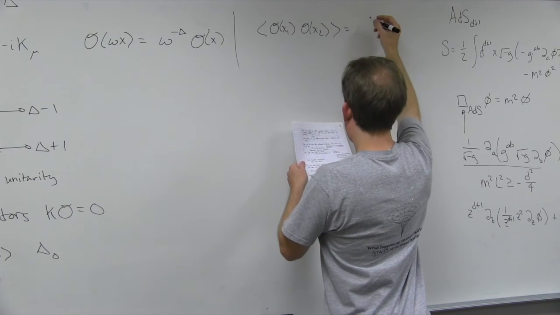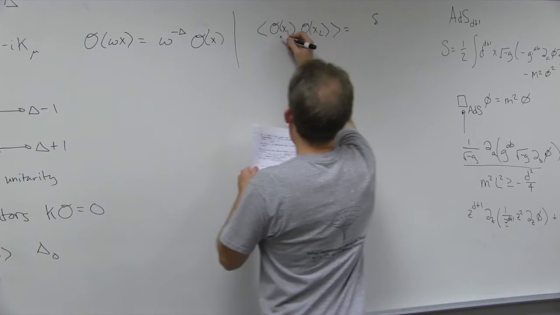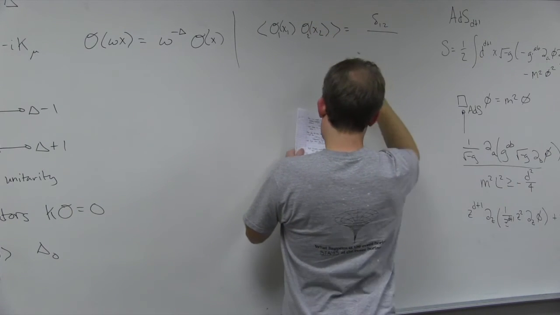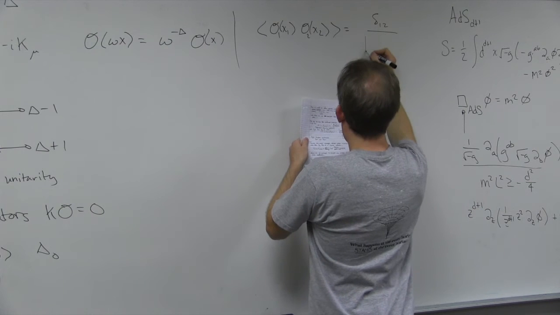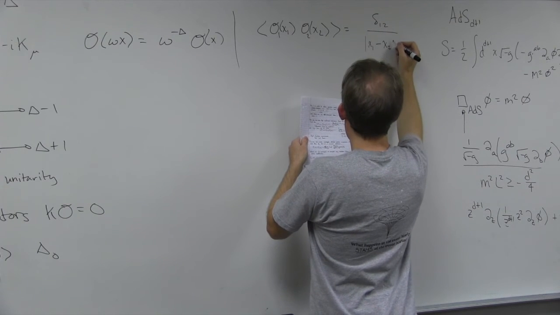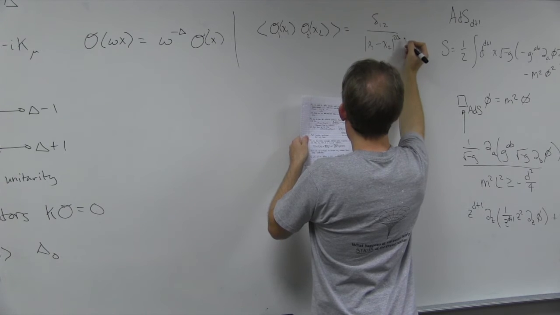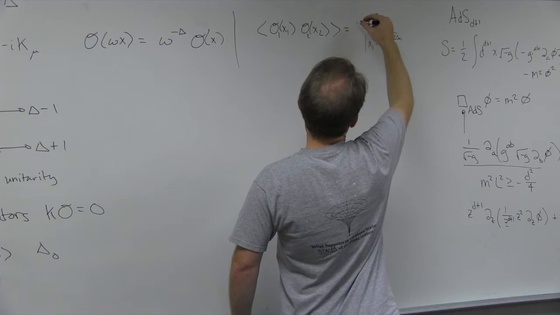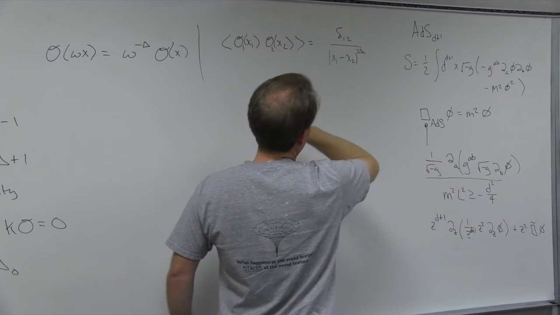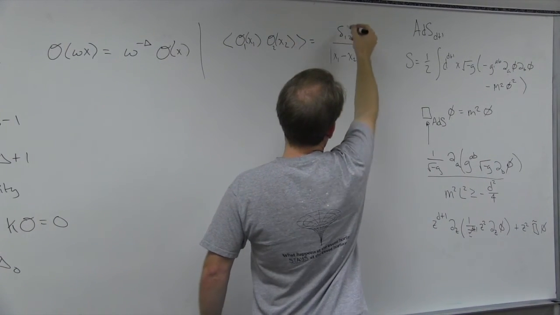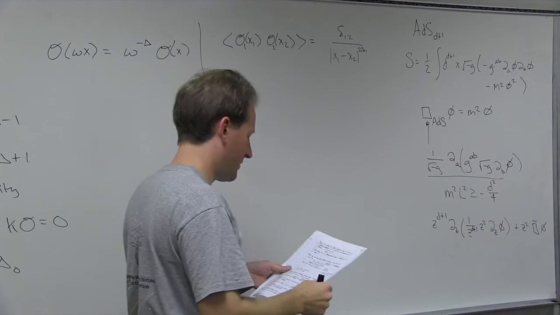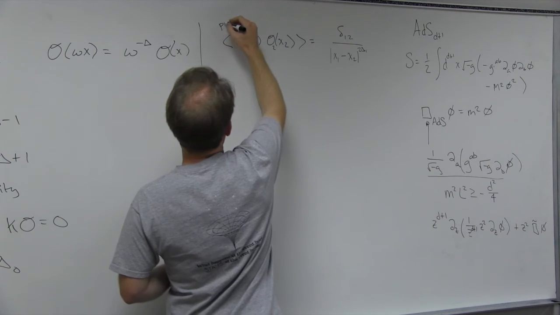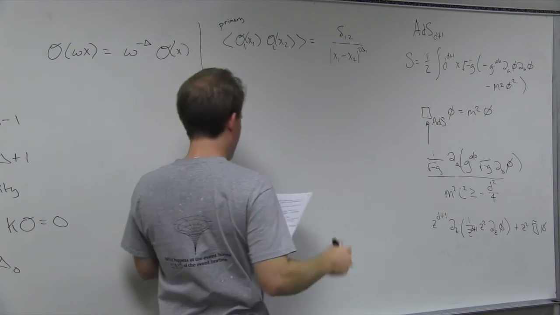In particular, it has to take a specific form, and I can choose a basis such that, in general, there's some normalization here. So I'll normalize my operators. It's conventional to normalize them so that it's a unit over the separation. And then all descendants will be fixed by just taking derivatives.